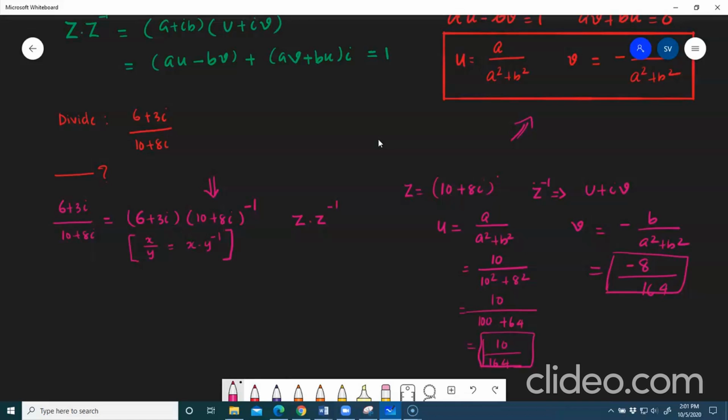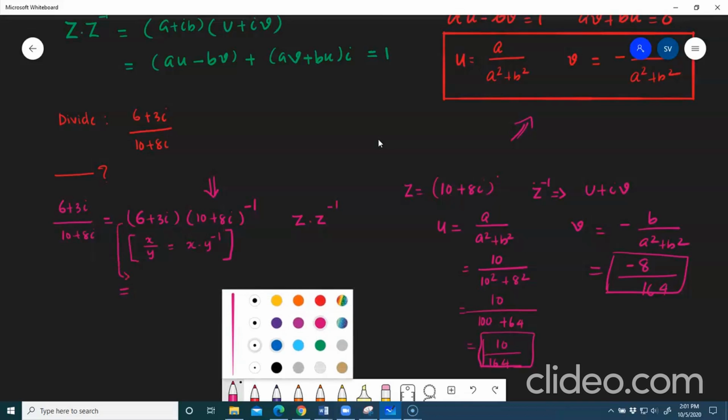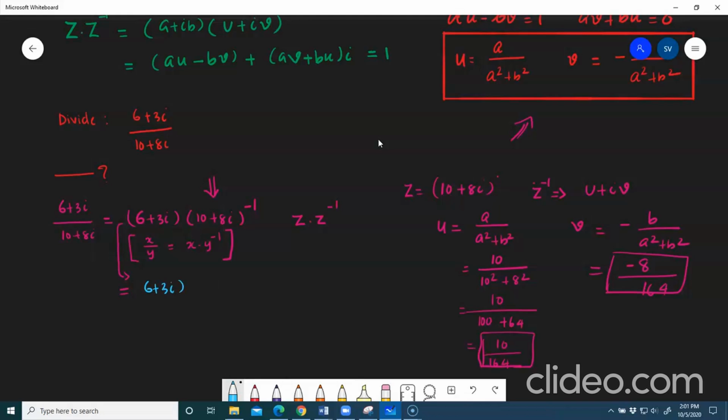So I'm going to rewrite, taking this inverse here, continuing this portion. That will be (6 + 3i) times the inverse of this, which is in the form u + iv. u is 10 over 164, plus i times v, which is negative 8 over 164.